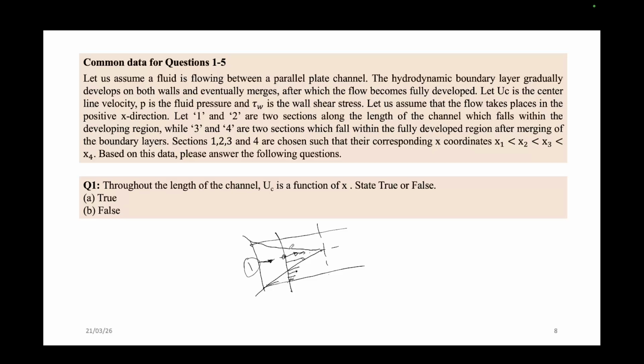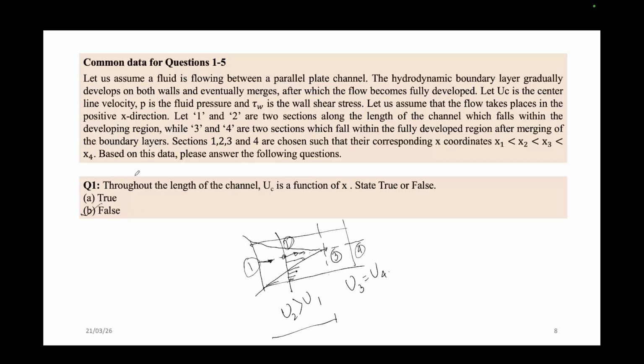If we talk about section 1 and section 2, u2 is greater than u1, but after it reaches the fully developed flow, the velocity is fixed, there is no change with x. That's why only up to this developed region the velocity profile changes with x. After that there is no dependence on x. That's why the correct option is option B.